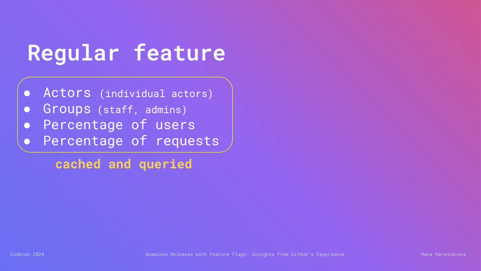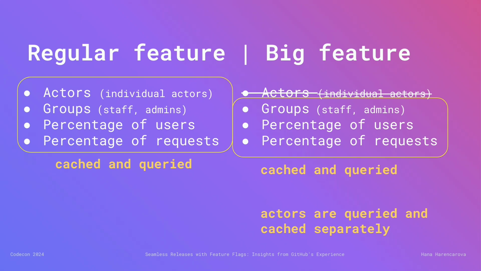So for regular features, we are caching and querying all those gates: actor, groups, and percentages. For big features, we are caching and querying just the 3 last groups. So we are not caching and querying the individual actors, because in this case, we want to separately load a specific actor and then do the check just for them and cache that result individually.